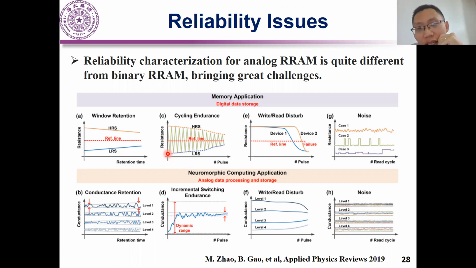If you use a CMOS circuit to realize the synaptic function, I think this circuit is very complex, not as compact as an RRAM device. For neural network applications, we hope the synaptic density is very high.